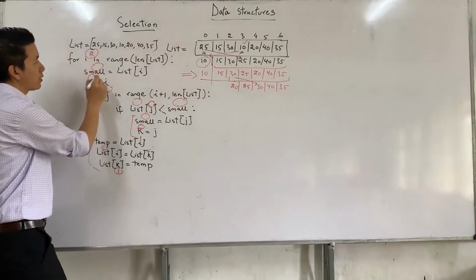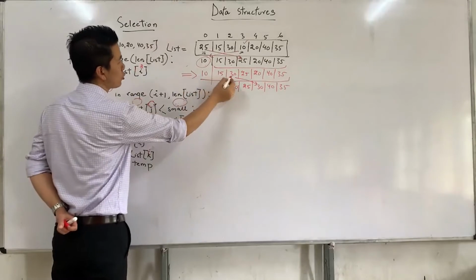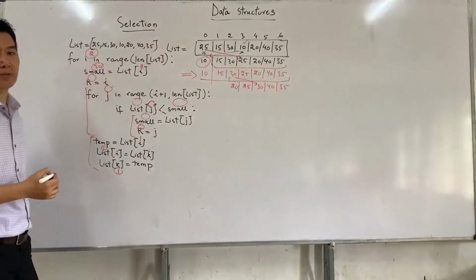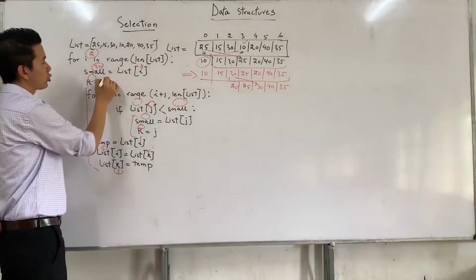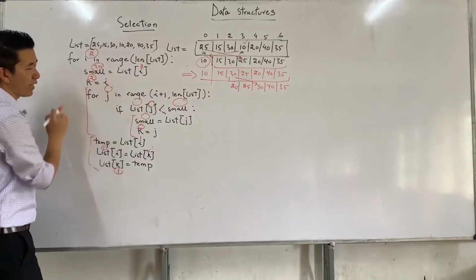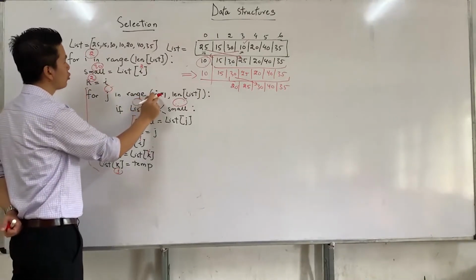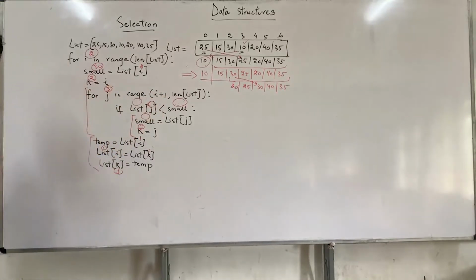When the value of I becomes 2, list of 2 is 0, 1, 2, 30. 30 becomes the smallest number, and the value of I, which is 2, will be recorded in K. And then, with the value of I being 2, 2 plus 1, J will start with a value of 3.